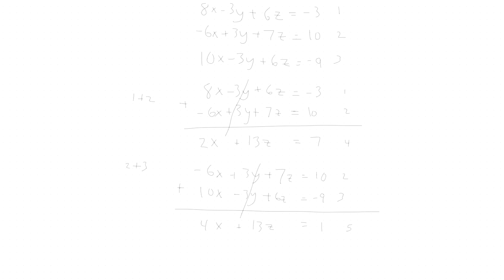Look at equation 4 and 5. They're both 13z. Okay, so are we going to add or subtract equation 4 and 5? Subtract. Okay, good. So 4 minus 5, so the z's will cancel out. What's 2x minus 4x?